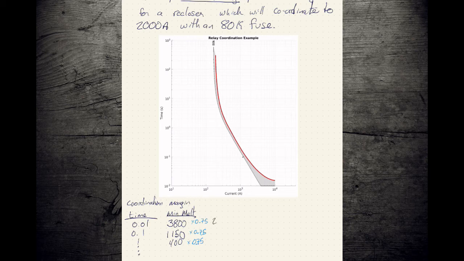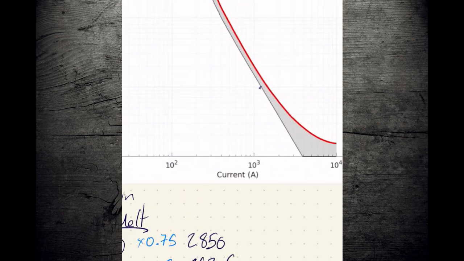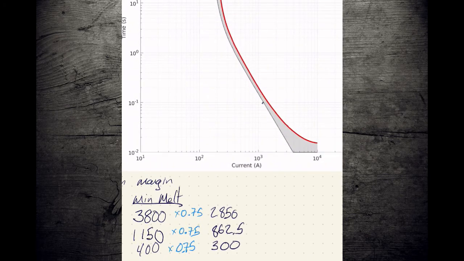Gets us, so we can now start plotting these points. And 2850, and we can do 862, and we're going to do 300, and we could keep going up, and then we're going to draw our line.